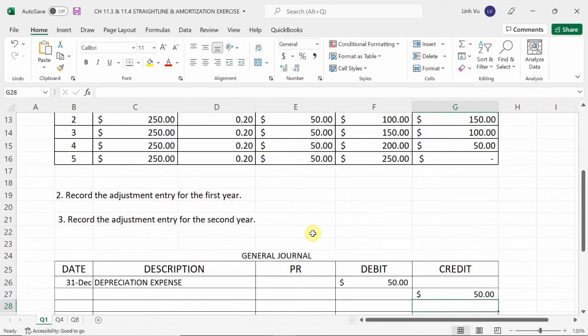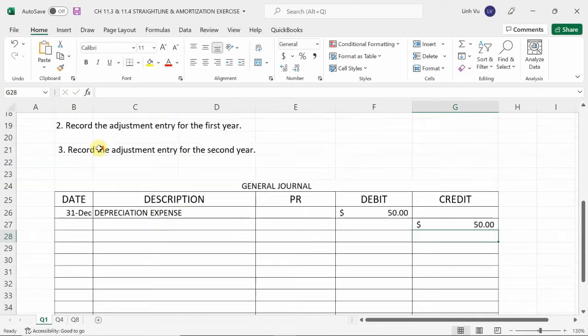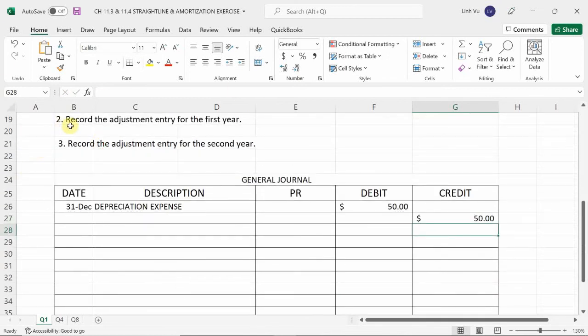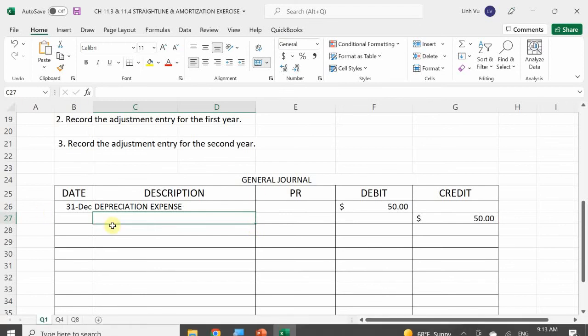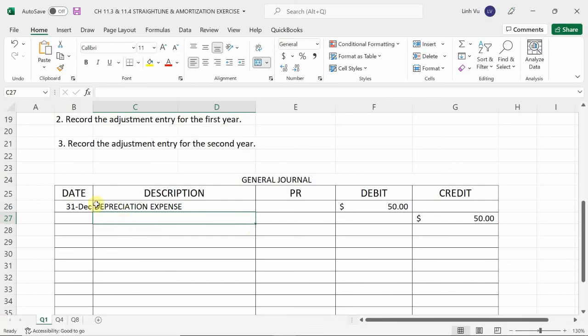But what is going to be my credit account? 50. Yes, but what's my credit account? I'm not talking about my debit or credit. I'm talking about the account. If I have a depreciation expense, where does my credit go?